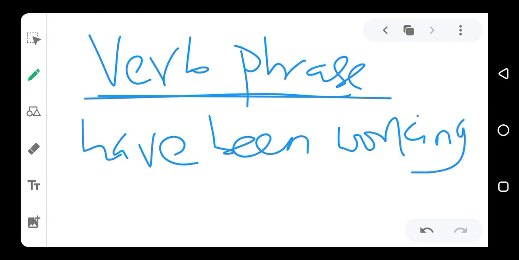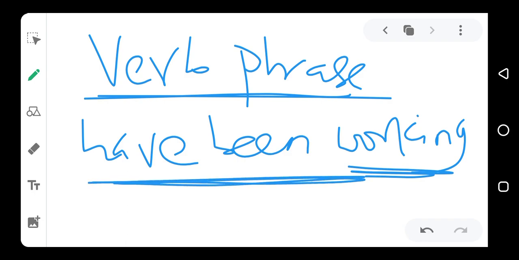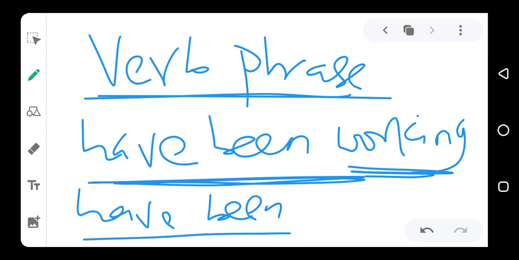It contains a verb, walking, with the verb auxiliary and modal. Have been walking. Even if we have been, it is still a verb phrase.